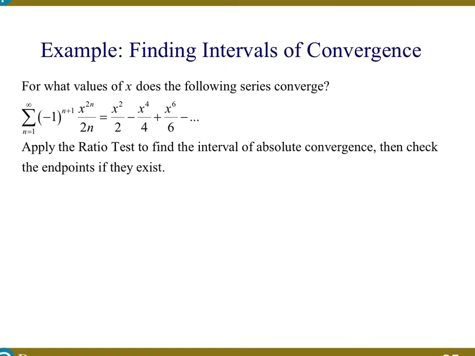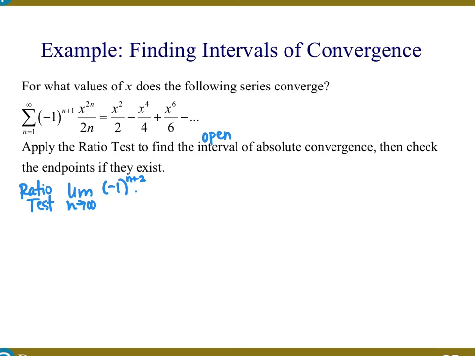So we're going to find the ratio test first, the open interval, I should maybe specify. That is going to be an open interval of absolute convergence, and then we'll check the endpoints. All right, ratio test. Okay, we need to take -1 to the n plus 1 and add 1 to that, so that would be n plus 2.